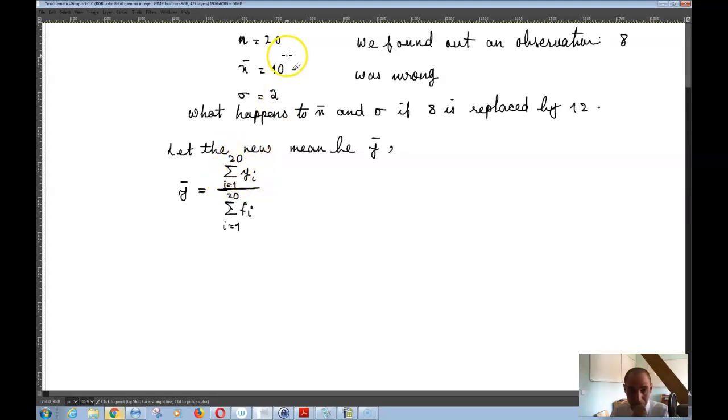So, to calculate sigma of y of i I need sigma of x of i. I'll tell you what I mean by that.